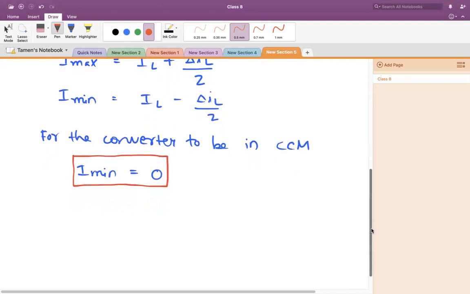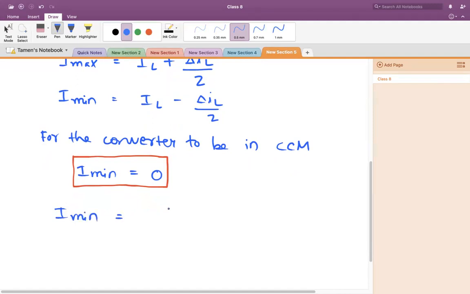So now, suppose we are determining for the three cases. First we'll consider the buck.